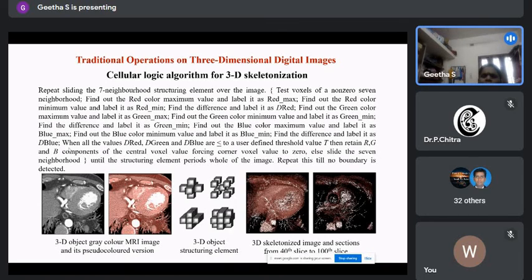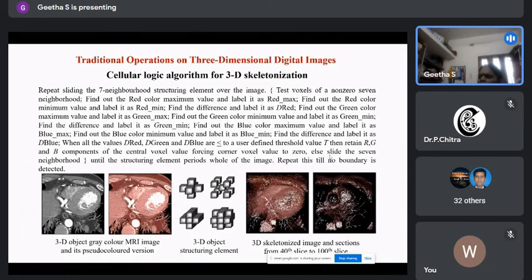When all the values D red, D green and D blue are less than or equal to a user defined threshold value T, then retain the RGB component of the central voxel and force the corner voxel values to 0.